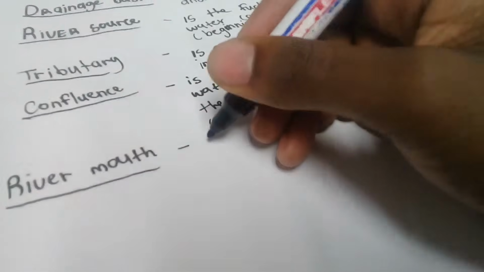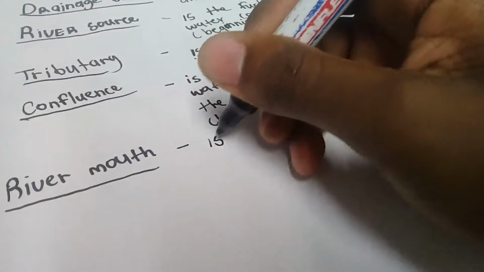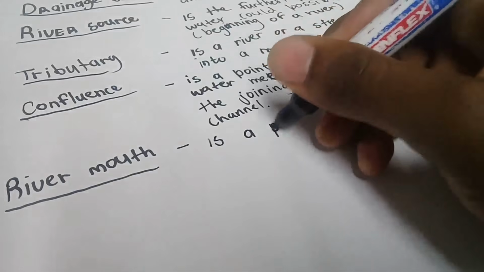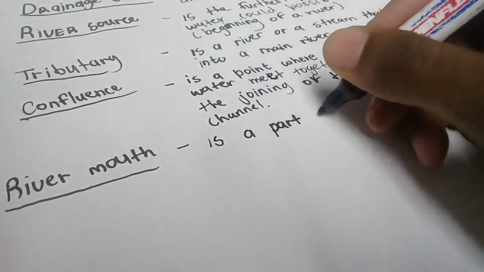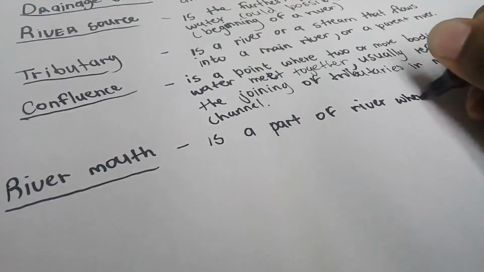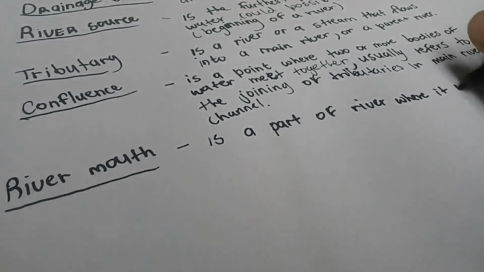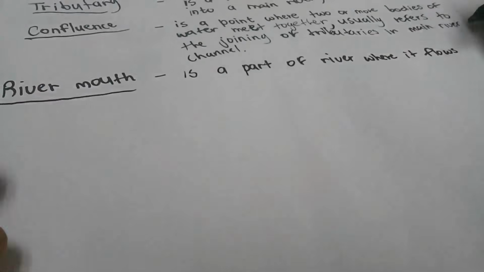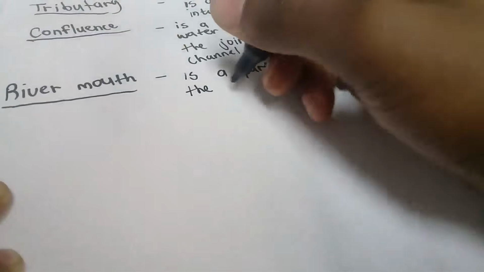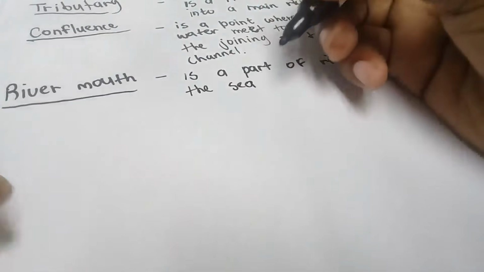So a river mouth is a part of the river where it flows into the sea, or meets the sea.